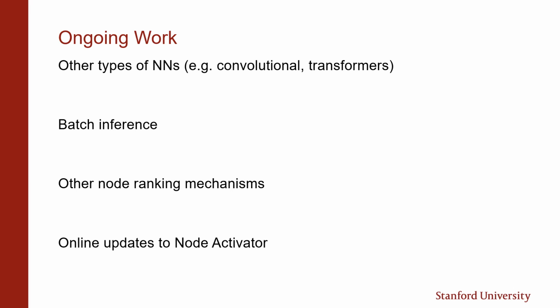Further, we plan to evaluate our technique on batch inference workloads, where thus far we've only experimented with online inference, batch size 1 workloads. Further, we plan to explore other node ranking mechanisms beyond locality-sensitive hashing. And finally, we're interested in looking into how online updates to the node activator can improve the node ranking quality.